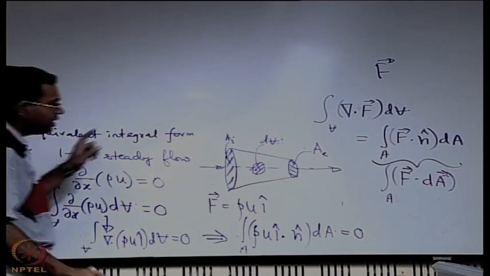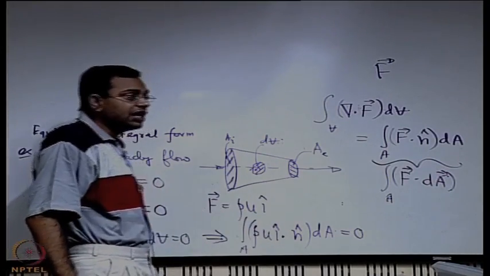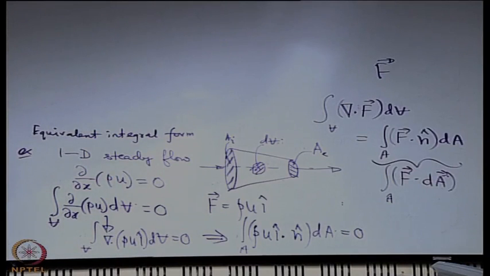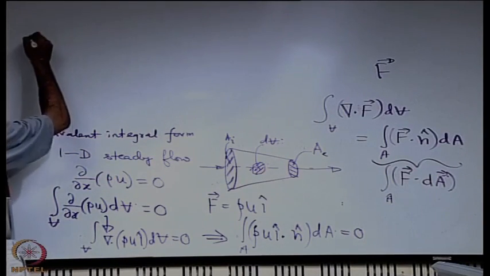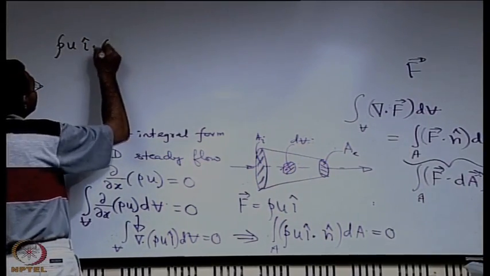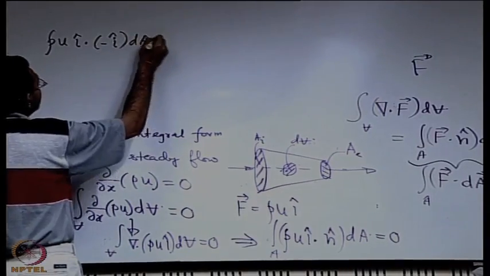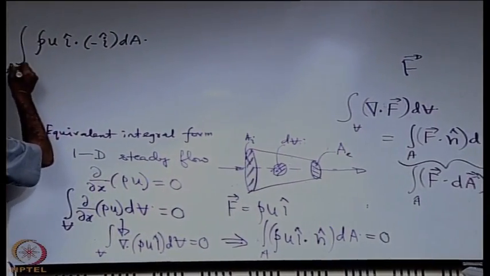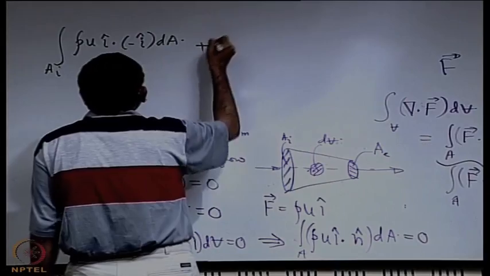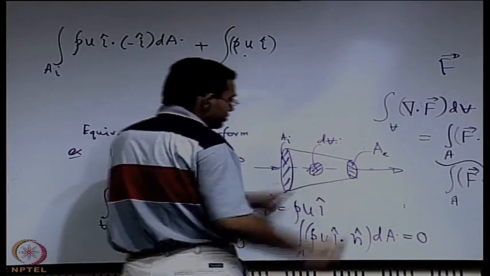So, when you consider the area AI, what is the n cap for the area AI? Minus I. So, you have rho u I dot minus I dA, this integral over AI, plus rho u I. Now, what is n cap for AE?